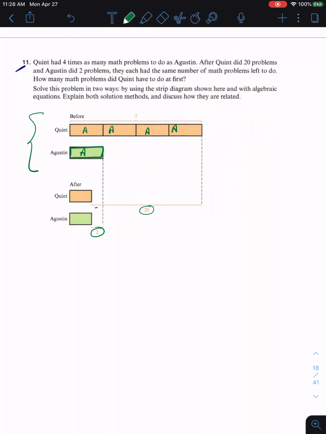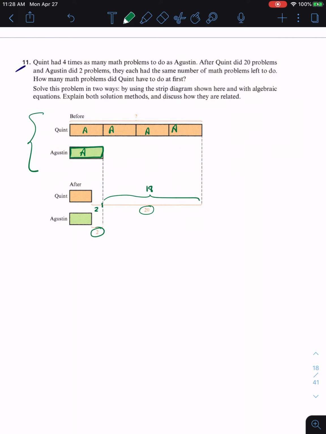So let's see. So this is 2. We know this is 2 because it's the same as Augustine. Then what's this? So the total was 20, so this is 18, right? So Quint did 18, and then the 2 that Augustine did as well. And now they have the same.